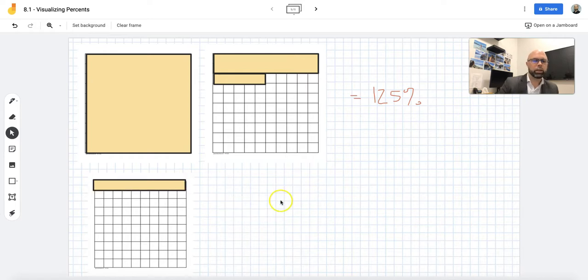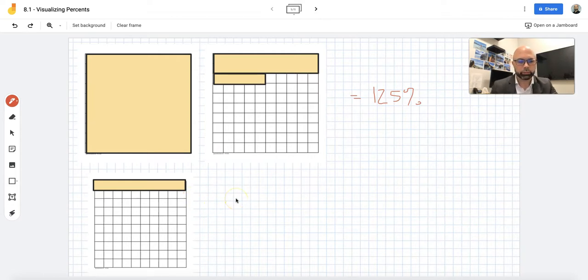Anyway, okay. And then the tricky part, 0.5%. So, you could draw. Let's see. We could shade in one, but that's not really good.